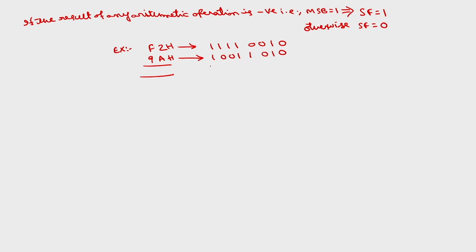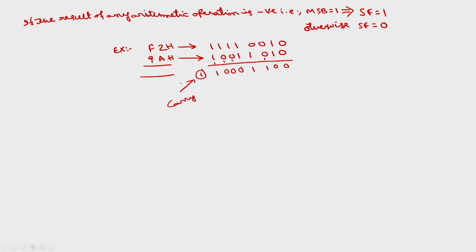If we add this: 0, 1 plus 1 is 1 0, 1 1, 1 plus 1 is 1 0, 1 plus 1 is 1 0, 1 plus 1 is 1 0, 1 plus 1 is 1 1. This is the carry. So, the carry flag will be set.